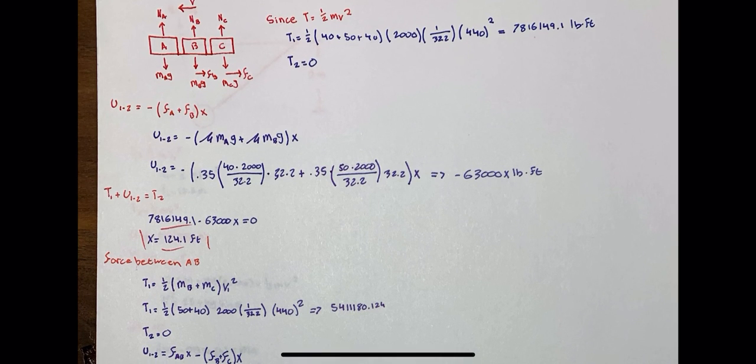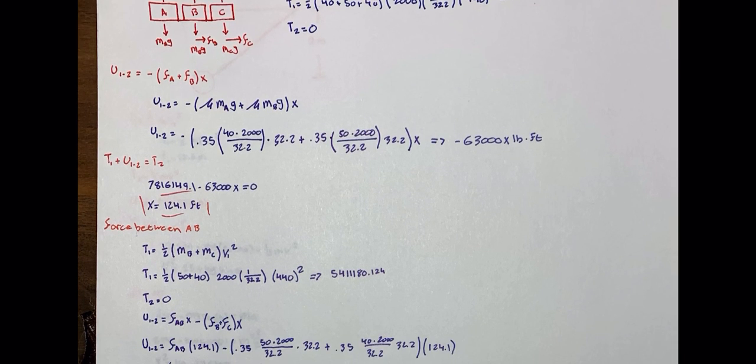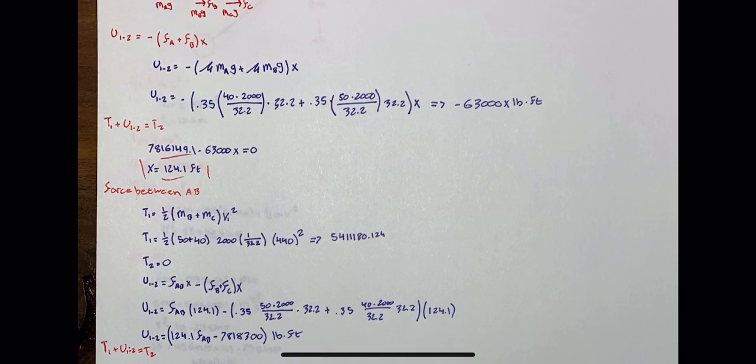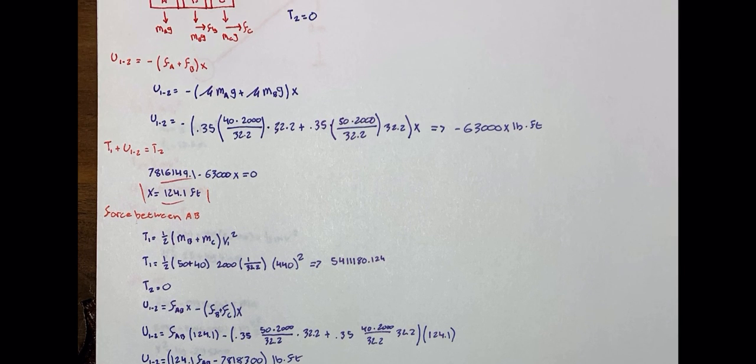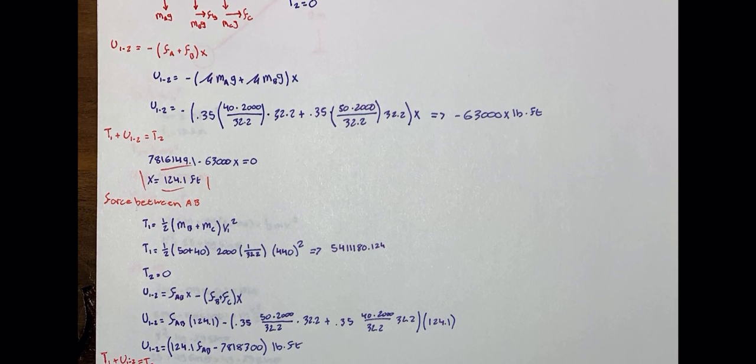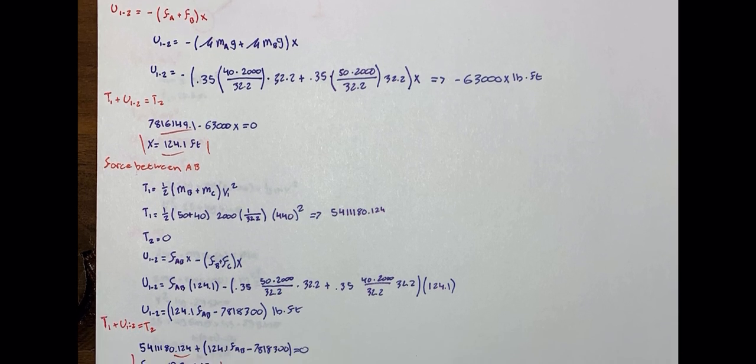And we'll find our work between point 1 and 2, which is shown by this equation there: negative force A plus force B times X. Plugging in our knowns, we can solve for the work from point 1 to point 2, which is negative 63,000 times X pound-feet.